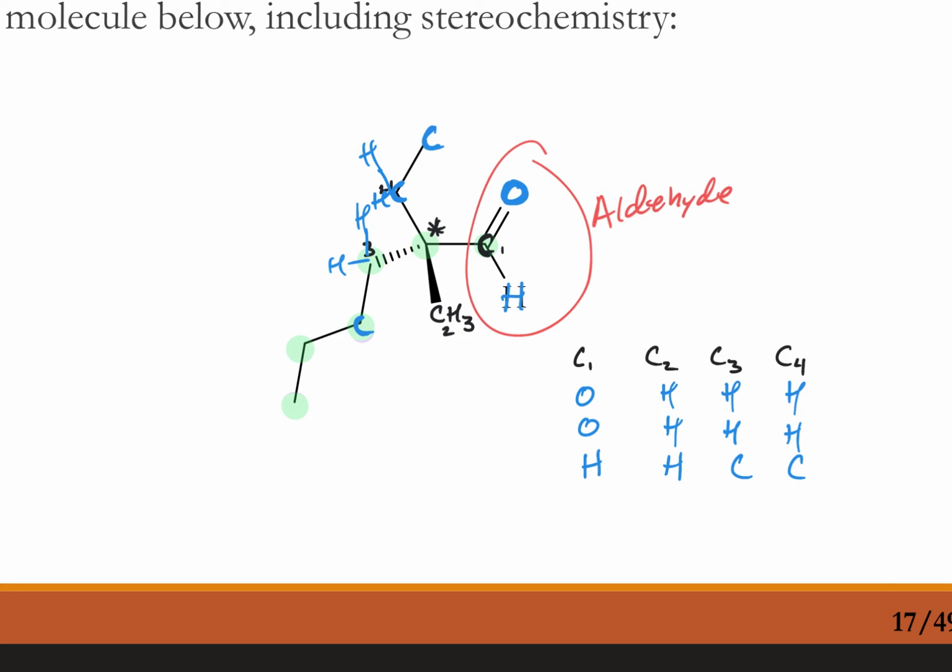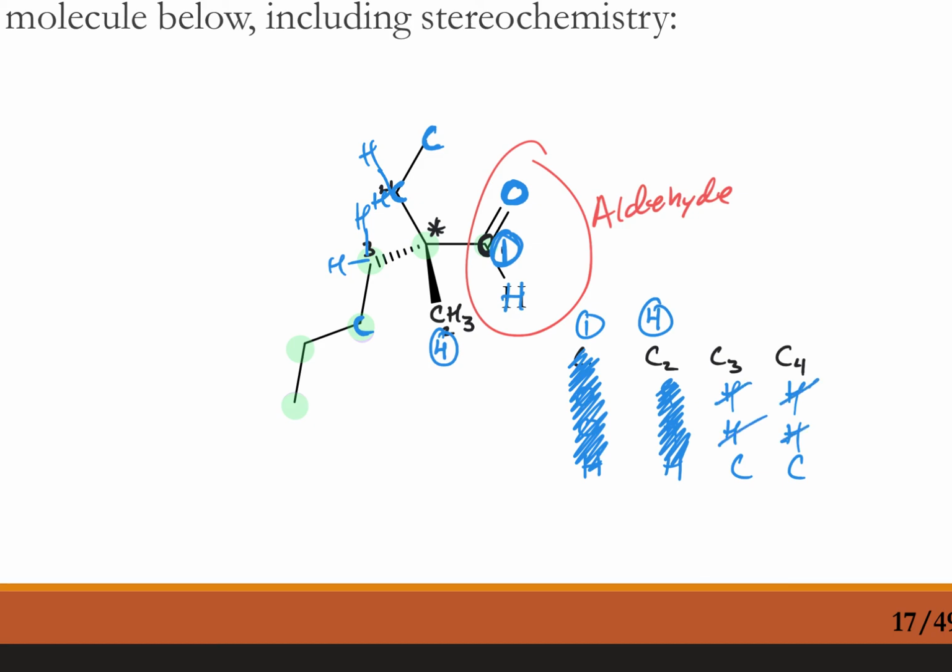So you can see that the aldehyde is priority number 1, because there's the oxygens coming off of it. The next one, you can see C2 is going to be priority 4 because all 3 of them are hydrogens. So this is 4. And then the other 2 are the same.